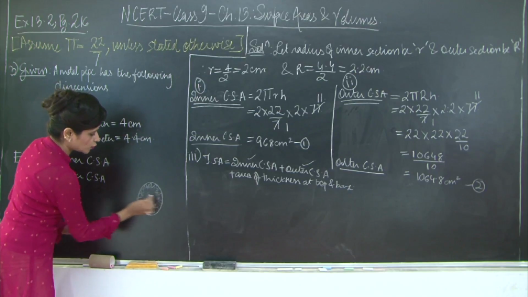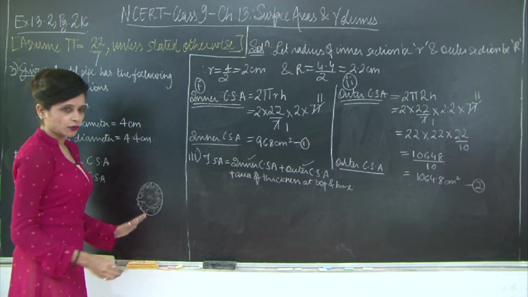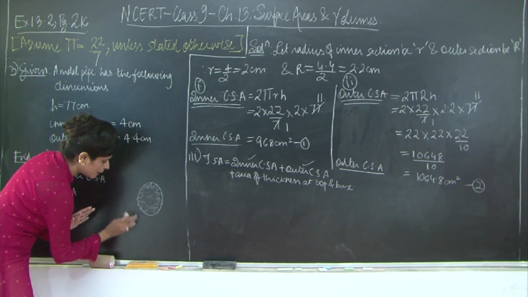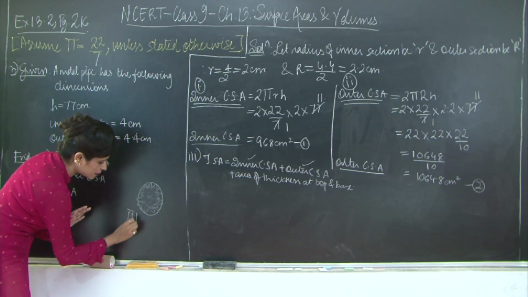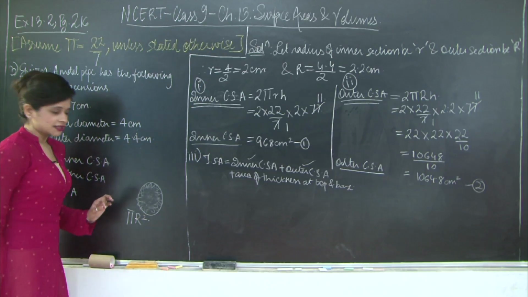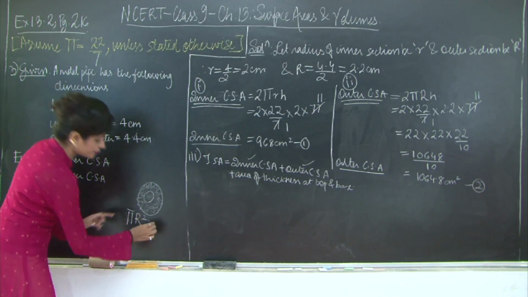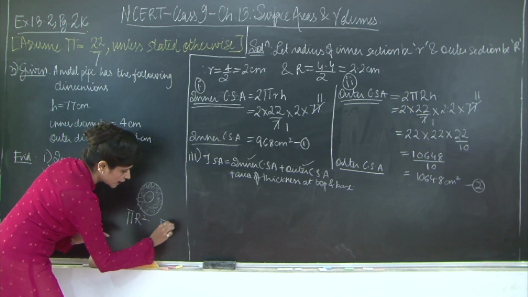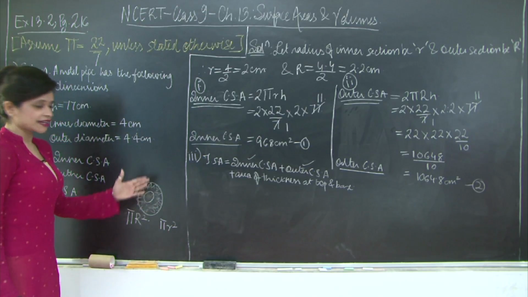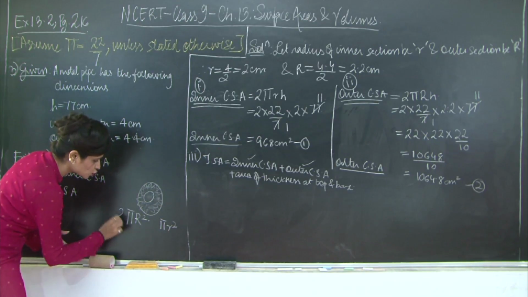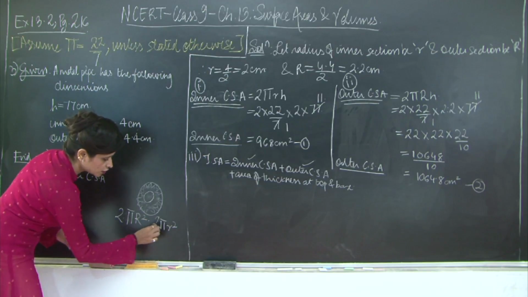So what would be this area? We are just looking at one side. This area would be pi capital R square, and the inner one, the area is pi r square. But we are taking 2 times, so this is going to be 2 pi R square and this will be 2 pi r square.